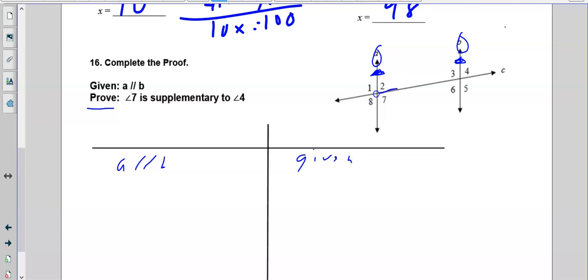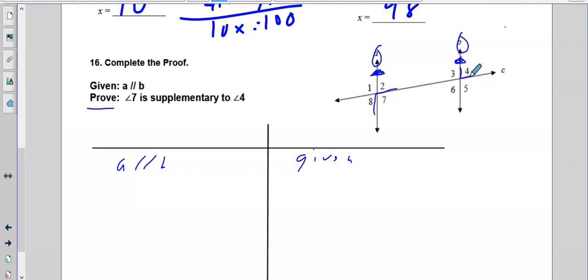So we're trying to prove that this obtuse angle and this acute angle are supplementary. Now, we can't say they're congruent by alternate interior or exterior because we have one of each. So we kind of need to move down the line. And there's multiple ways to do this. Okay? There's not one way to do it.